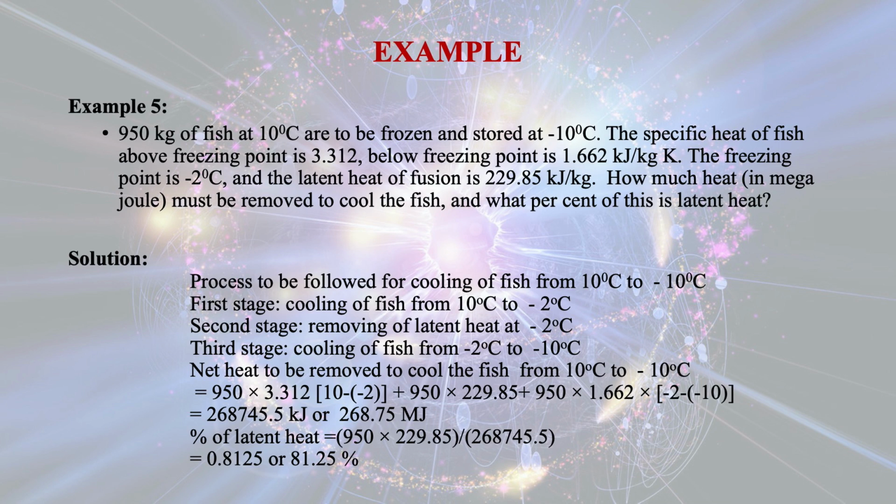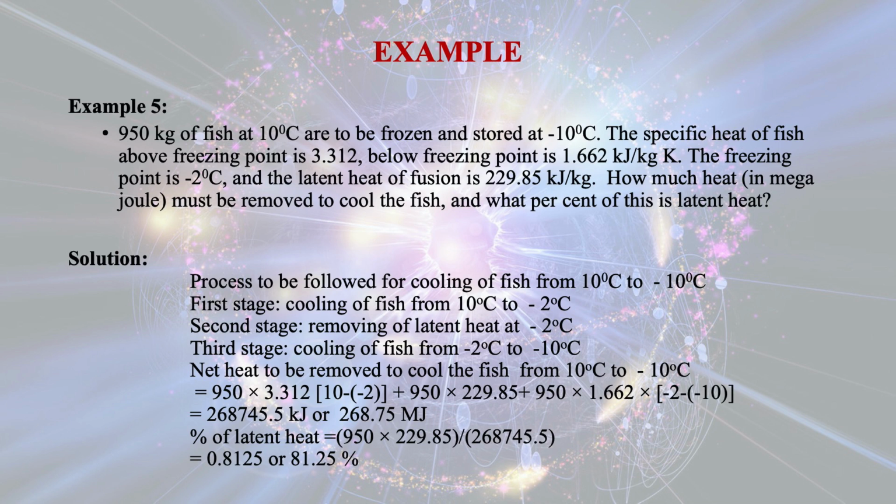Net heat to be removed to cool the fish from 10 degrees centigrade to minus 10 degrees centigrade is 950 into 3.312 multiplied within bracket 10 minus of minus 2.